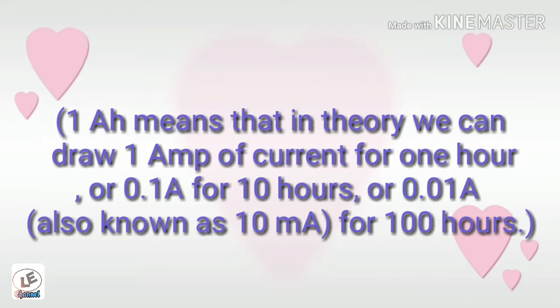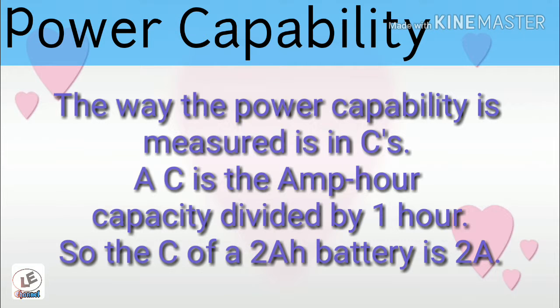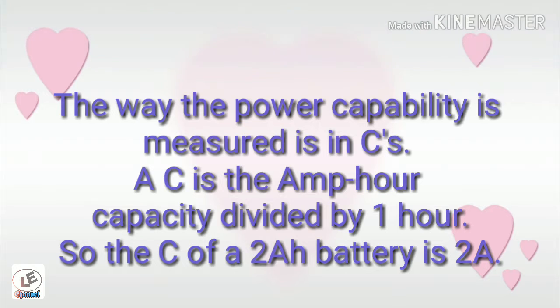1 Ah means in theory we can draw 1 amp of current for 1 hour, 100 milliamps of current for 10 hours, and similarly 10 milliamps of current for 100 hours. What is power capability? The power capability is measured in capital C and its unit is amps.